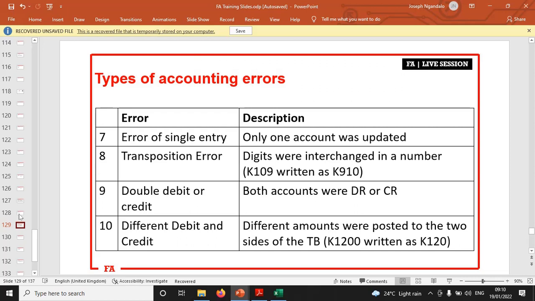In double entry, what do we say? Apart from maintaining the figure, if one amount goes to the debit, another one should go to the credit. So in this case, what did you do? This is actually another example of an entry reversal error. Because again, you have to multiply the figure by 2 in order to correct the problem.